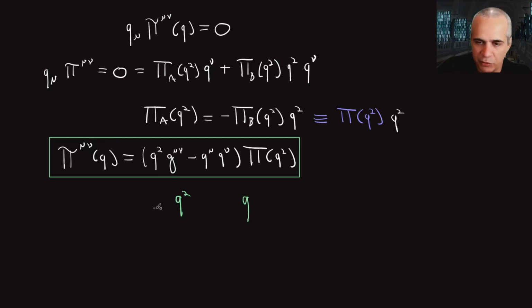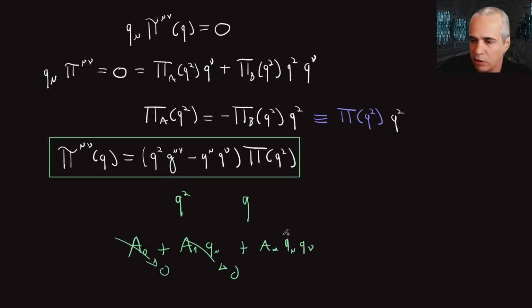Those two first coefficients, which I would call a0 plus a1 q nu, are 0. I'm starting from a2, which is proportional to k nu or q squared. Both are here, q squared and q mu, q nu.